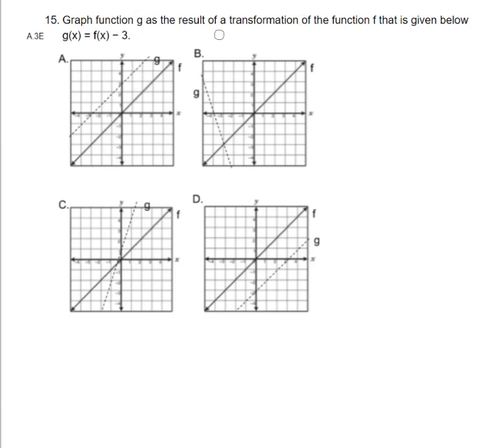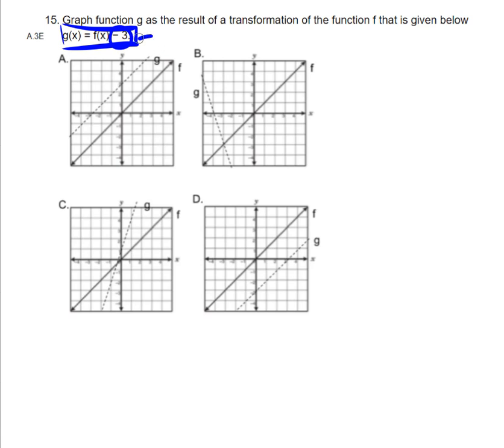Graph function g is the result of a transformation of the function f that is given below. Okay, so this is the transformation right here. You have g of x is equal to f of x minus 3.